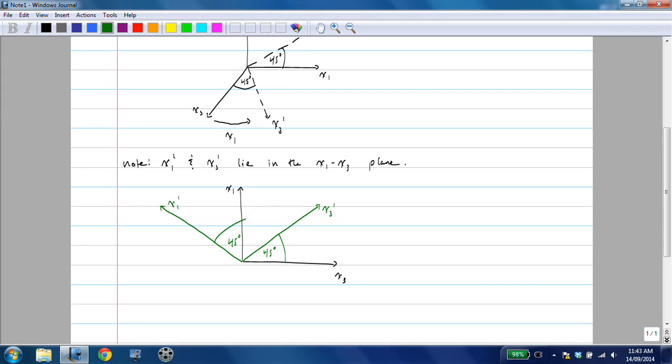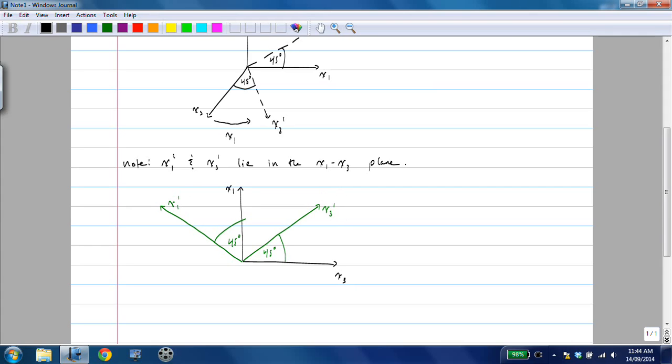So now we want to describe our new coordinate system with respect to our old coordinate system. The way we want to do this is to rotate this so that x1 and x3 are our new axes, and then describe the x1 and x3 vectors with respect to the x1 prime and x3 prime axes.